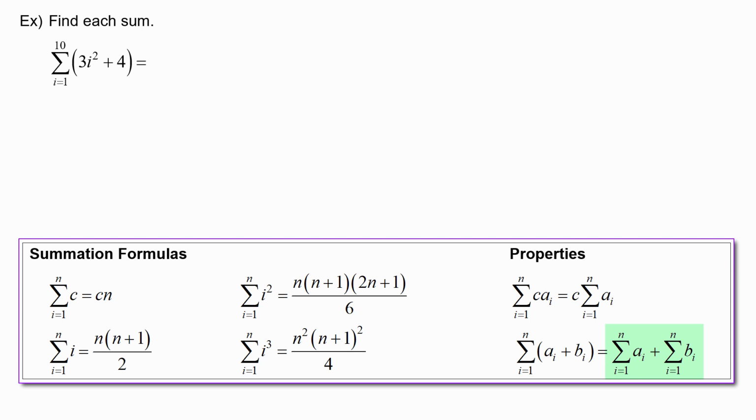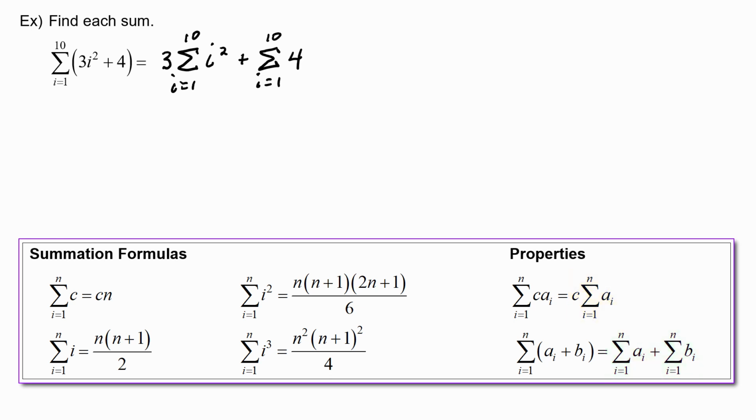We also recall that if we have the summation of a constant times a sub i, we can pull that constant out front. So let's rewrite this as 3 times the summation i equals 1 to 10 of i squared plus the summation i equals 1 to 10 of 4.